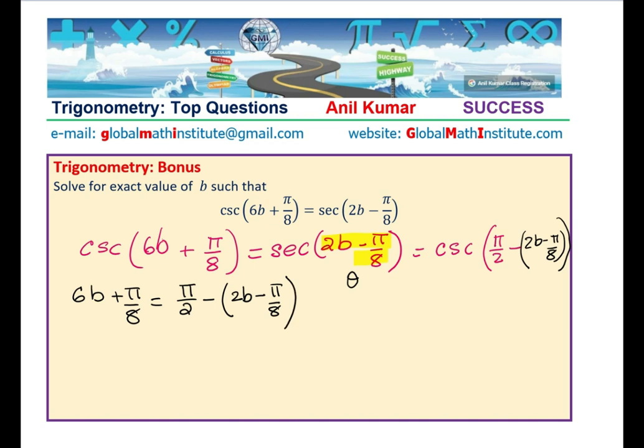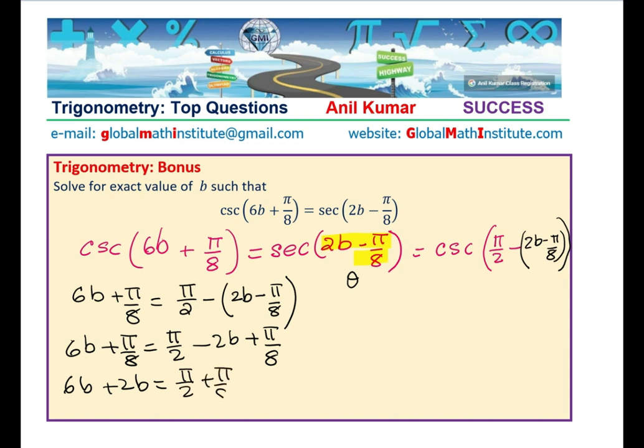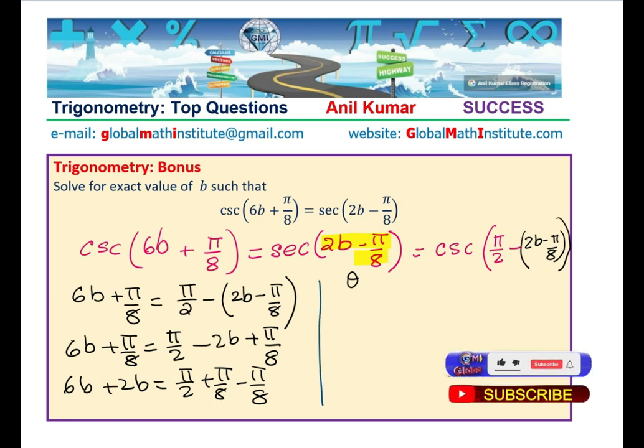Makes sense? So now we can open the bracket first and then bring the b's together. So 6b plus pi by 8 equals pi by 2 minus 2b plus pi by 8. Bringing 2b to this side, we get 6b plus 2b equals pi by 2 plus pi by 8 minus pi by 8. Simple. And now we have 6 plus 2 as 8.